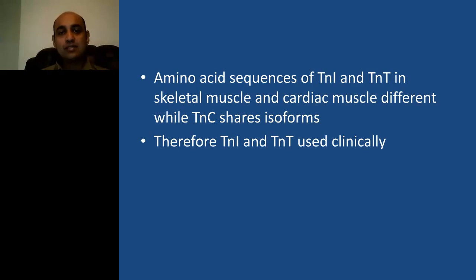On the other hand, troponin C's isoforms between the skeletal muscle and the cardiac muscle are similar, and as a result we do not use troponin C in our regular cardiac diagnosis and markers, if you will.